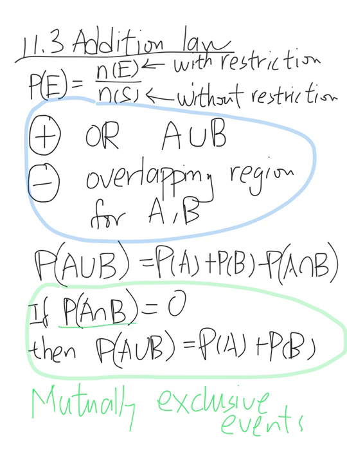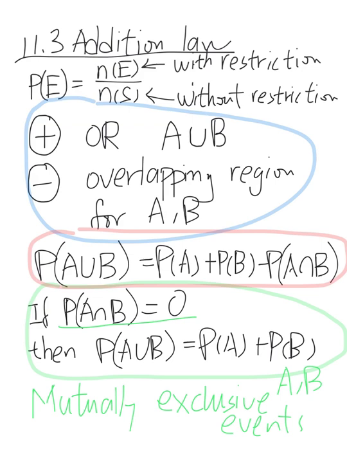If A and B is equal to 0, that means A and B, these two events, are mutually exclusive events. For us, we just need to remember the equations for this red equation. Okay, let me highlight this. Or more importantly, the blue stuff. So knowing how to add or knowing how to do the minus.